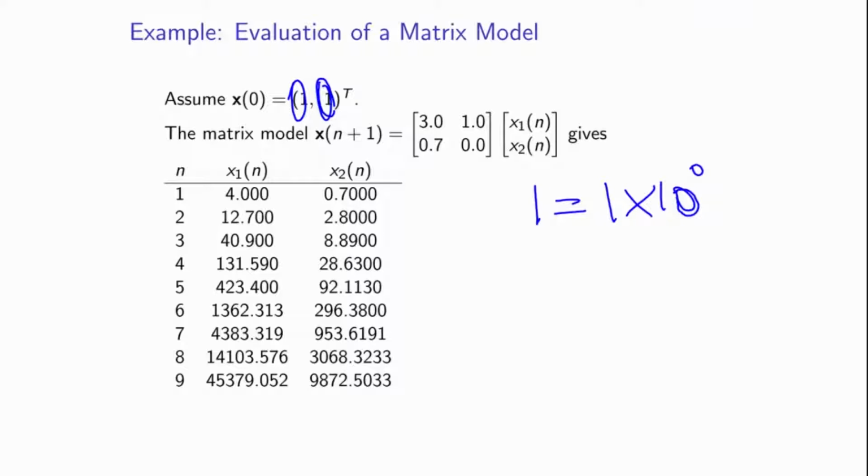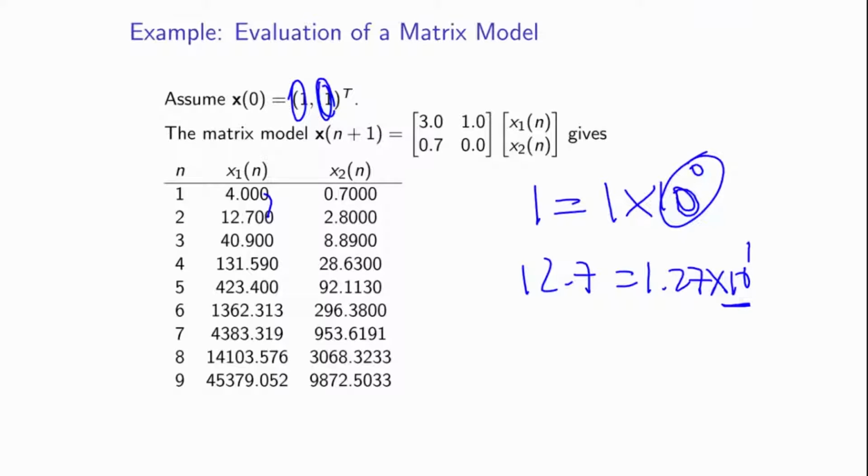And take a look at x1, for example. It starts with 1 and 4, and basically in 2 steps, this 12.7 is basically 1.27 times 10 to the 1. Okay, so this starts with order 10 to the 0, and in 2 steps it increases 1 order of magnitude to 10 to the 1.